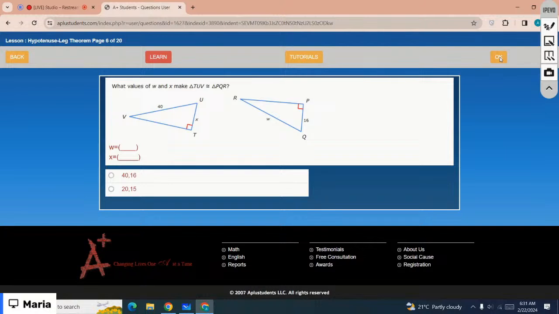What value of W and X make triangle TUV and triangle PQR congruent? So which is the correct option?